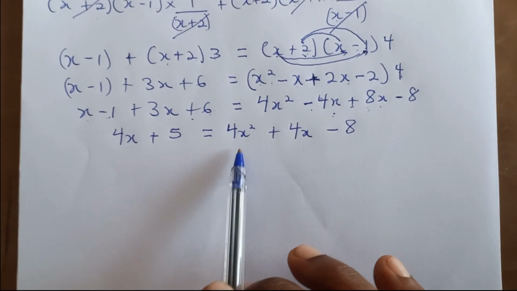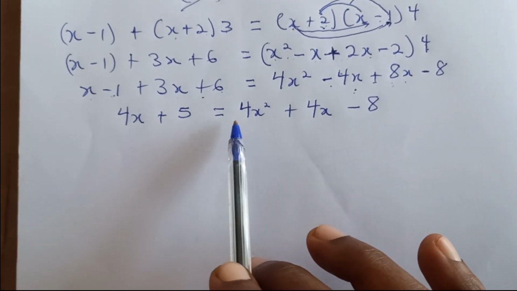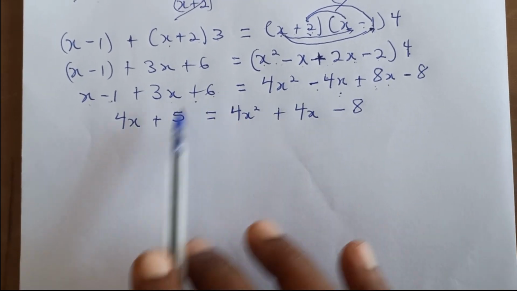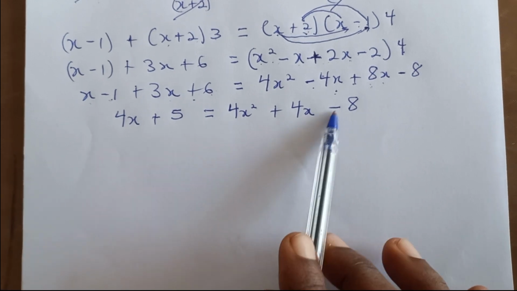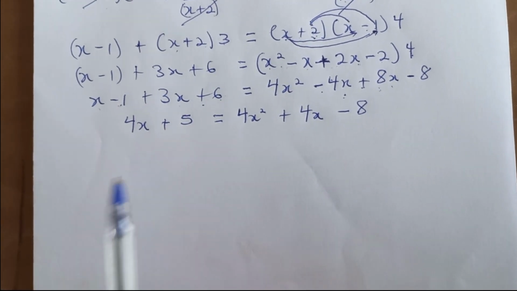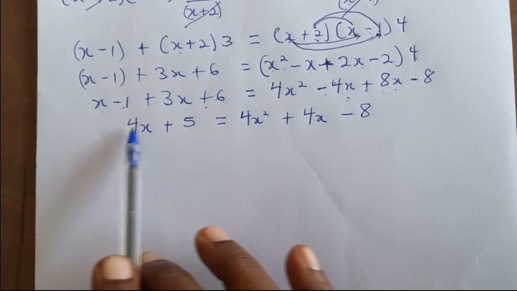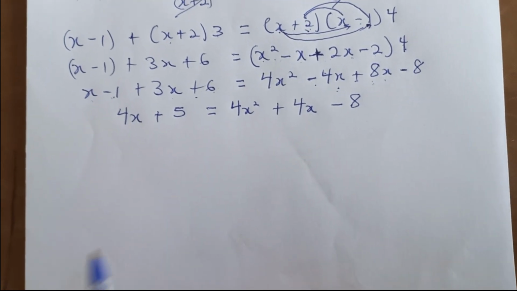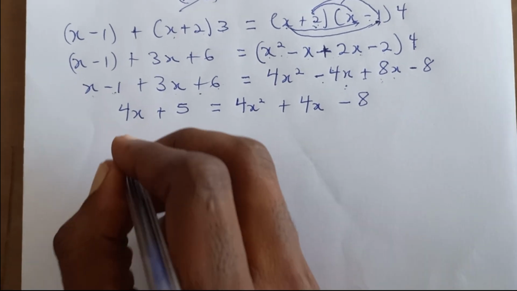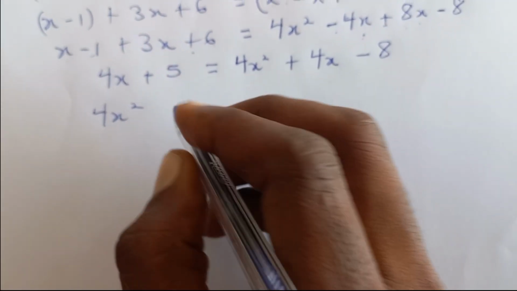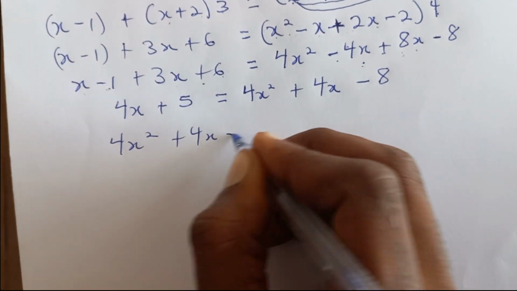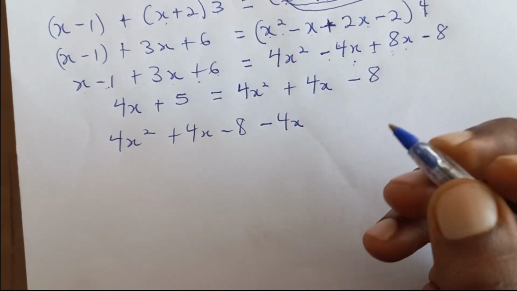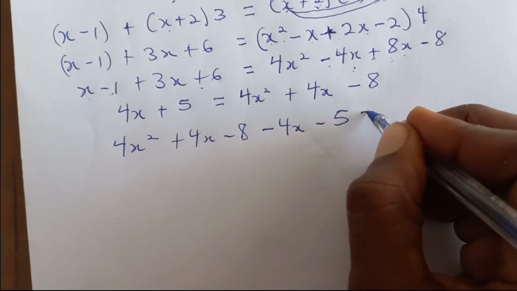So you can see that we are having a quadratic equation. So let's send every term to one side. You can send this to the left hand side, or you can send 4x plus 5 to the right hand side. Whatever you do, you still get the same answer. So you get 4x squared plus 4x minus 8, then minus 4x minus 5 is equal to 0.